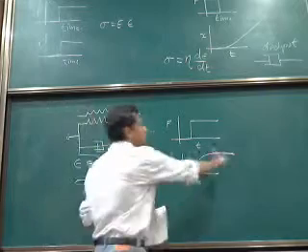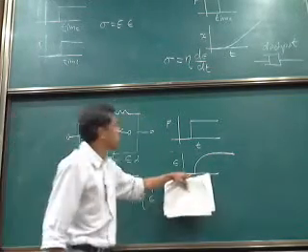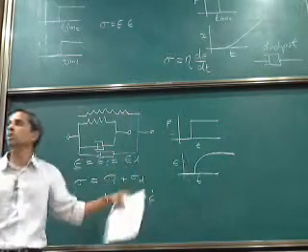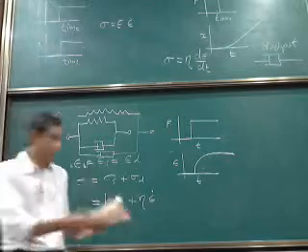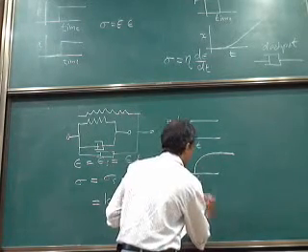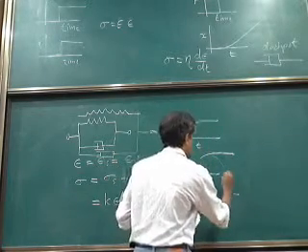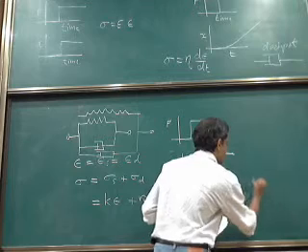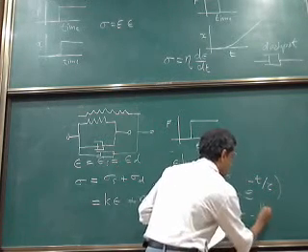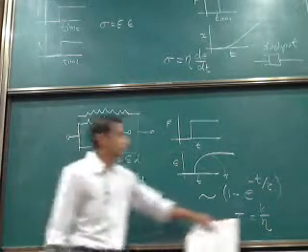So this height gives you a measure of the spring constant of the spring, and this time taken, what's called the relaxation time, gives you a measure of the viscosity. So there is a relation, as this goes as this curve, and tau is the relaxation time.